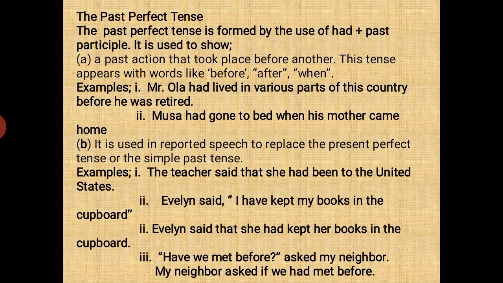This tense appears with words like before, after, when. For example, Mr. Ola had lived in various parts of this country before he was retired. Musa had gone to bed when his mother came home.